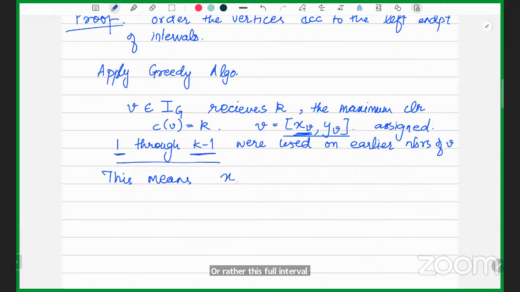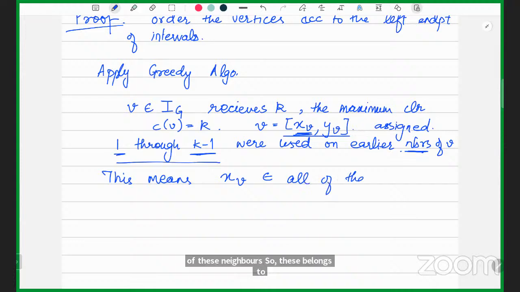So XV belongs to each of these neighbors, each of these neighbors is an interval, right? So XV belongs to all of these intervals.